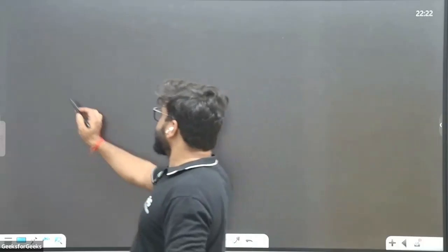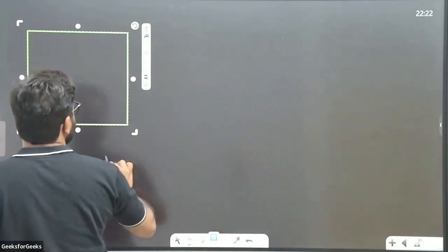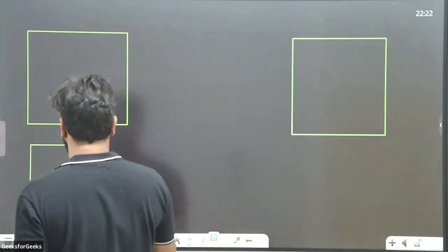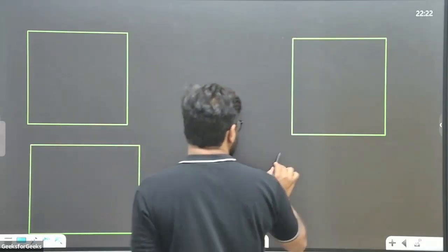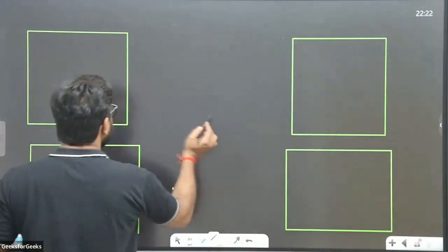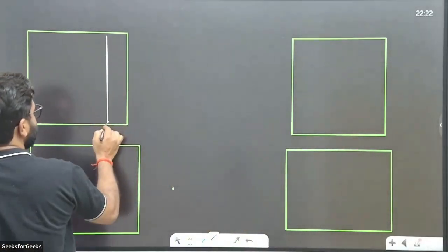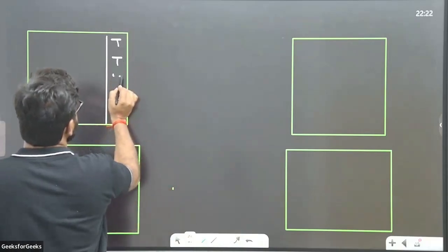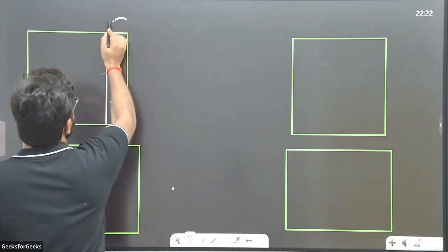We have different types of tables. Okay, let's discuss all the different types of tables here. Suppose there is a table where the last column, every entry is true.